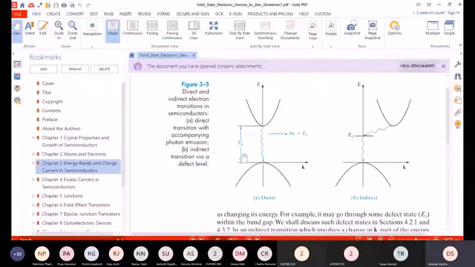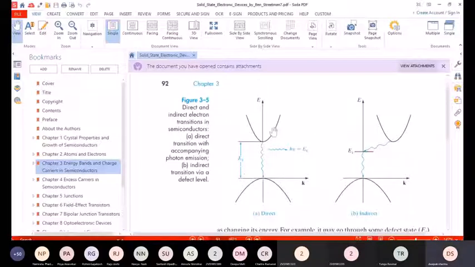After that, we went through the two types of semiconductor materials. One is called direct band gap semiconductor material, and the other is called indirect band gap semiconductor material. In direct band gap semiconductor material, before that, what is this graph indicating?